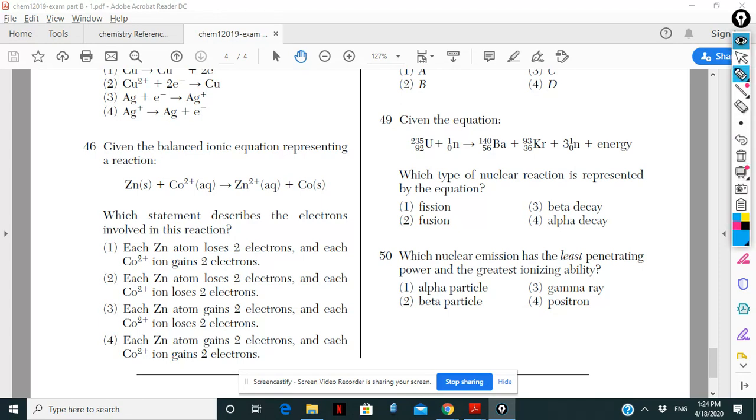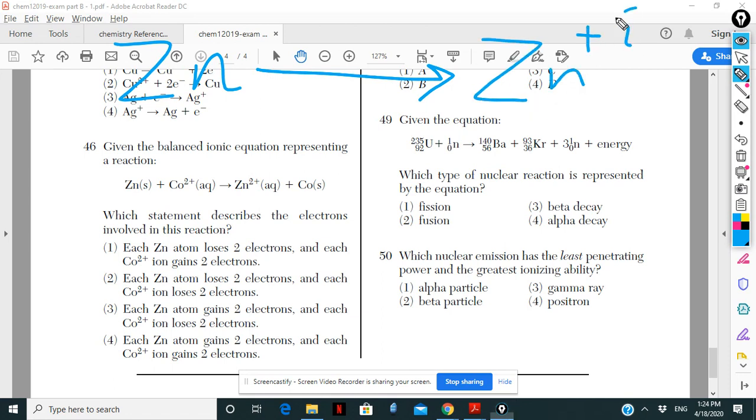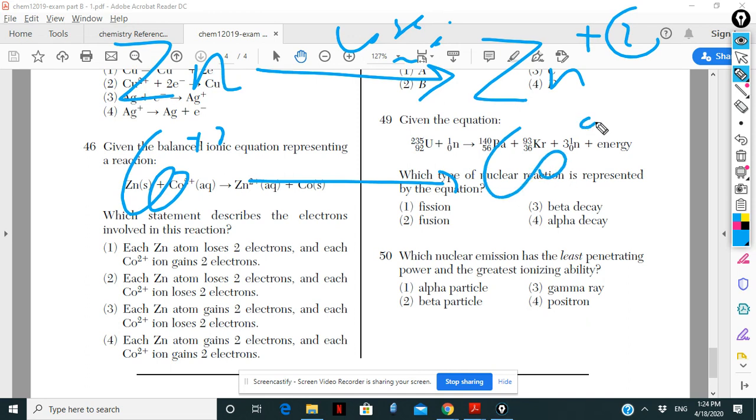The reactant zinc later becomes positive 2, which means it loses 2 electrons. Now, it was cobalt positive 2, and now it becomes cobalt with no charge, so it gains 2 electrons. So the cobalt ion gains 2 electrons and zinc loses 2 electrons, so it should be number 1.